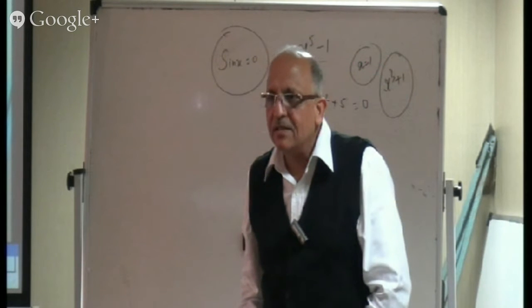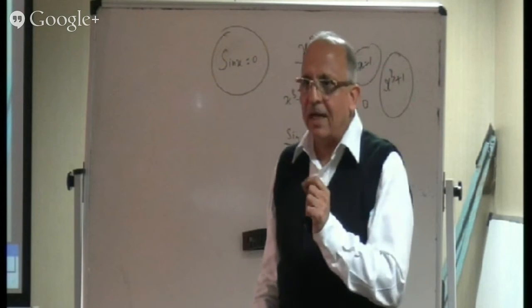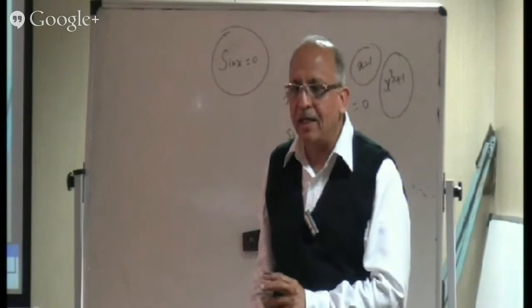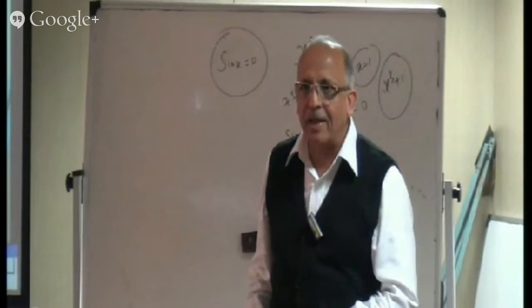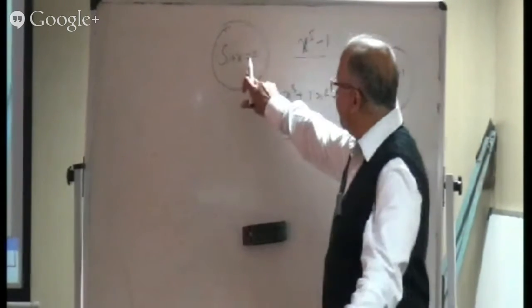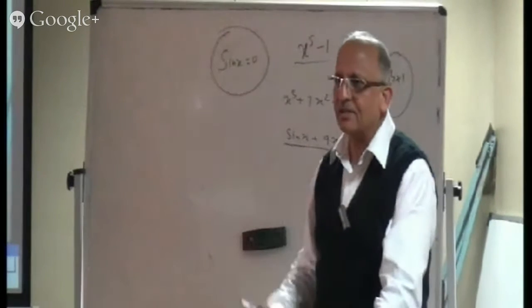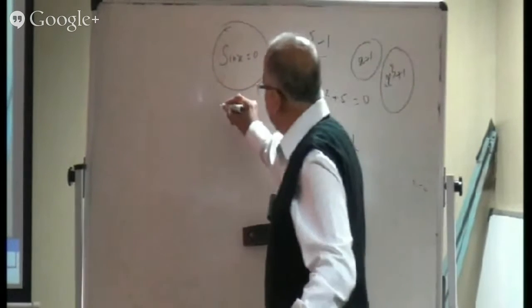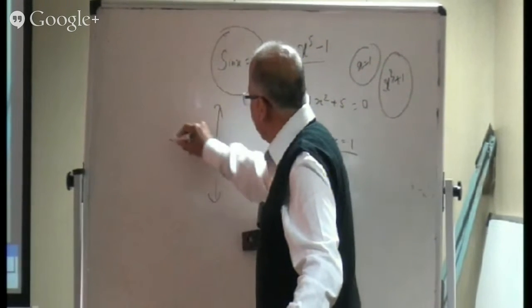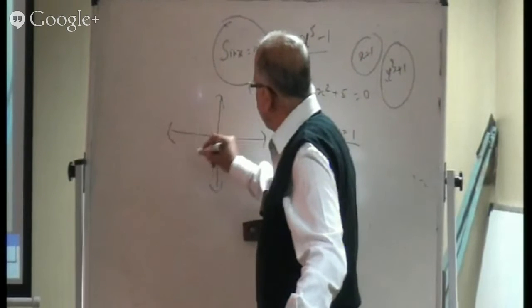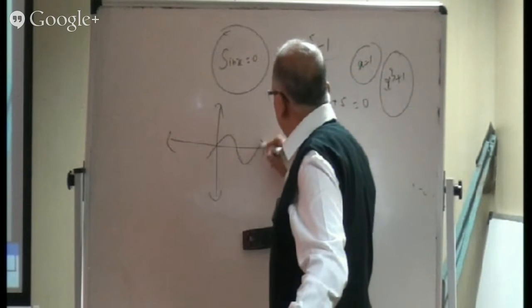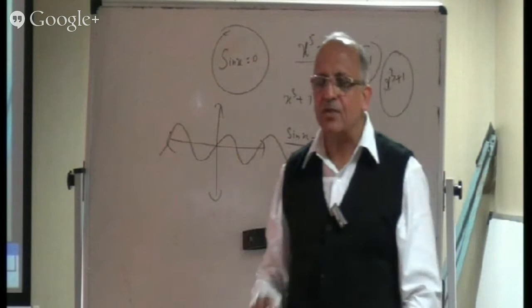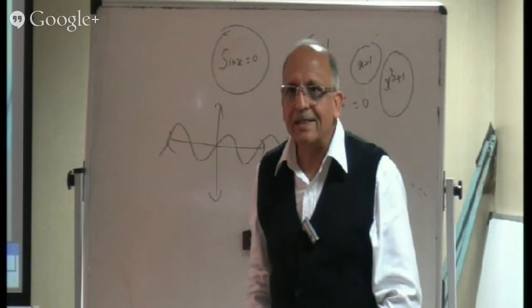At 0 it is 0, at pi it is 0, 2 pi, 3 pi. Even if you take minus 2 pi, minus 3 pi, this is 0. So this is an equation which has infinite solutions. And what we mean by solution geometrically: suppose I draw the x-axis and y-axis, and this is the graph of sin x, and I am interested in knowing what the solutions of this are. So these are the points where the curve intersects the x-axis.